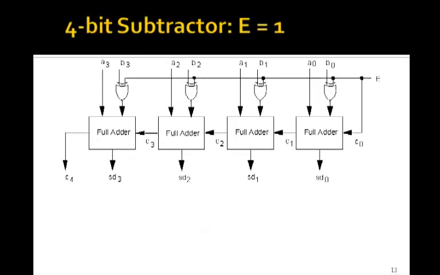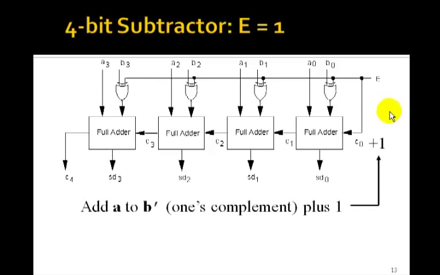Now, let's look at it in a little different way. Suppose I make E equals 1 here. Let's see what happens. If E is 1, this makes this an inverter, but inverting all the bits of B is the same as taking the 1's complement of B. So this full adder here means take the 1's complement of B and add 1 because I have a 1 coming in this full adder.